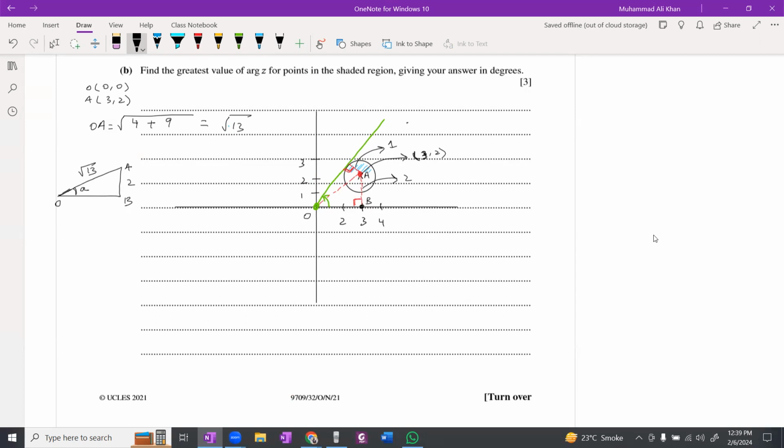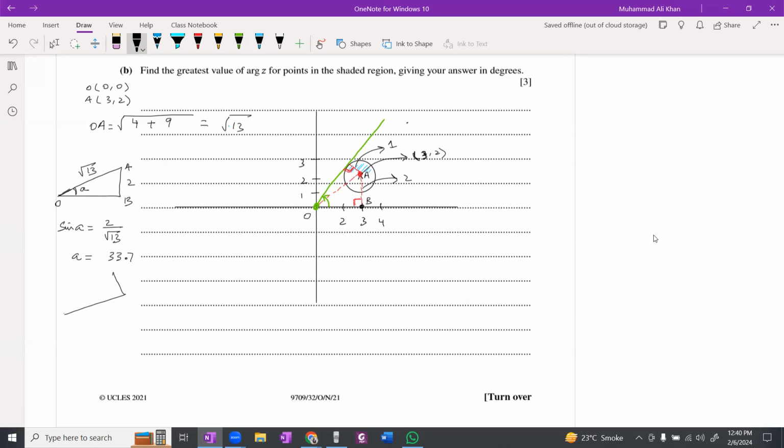So by using sine, we are able to calculate sine A equals opposite over hypotenuse, which is 2 over under root 13. The angle A will be 33.7.